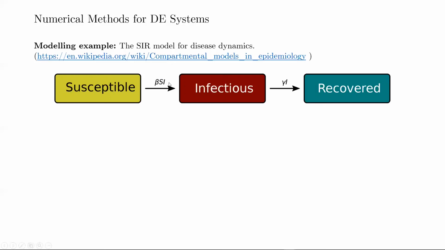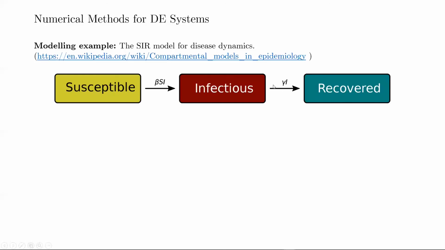So you can see here that the more infectious people there are, the faster or the more rapidly people will move from being susceptible to infected. And then similarly, the recovery rate, so the rate at which infectious people move into the recovered compartment here is gamma times I, where gamma is again some recovery constant.